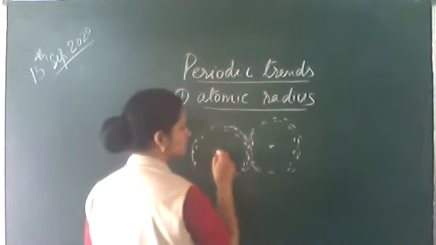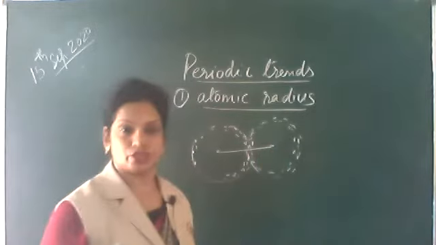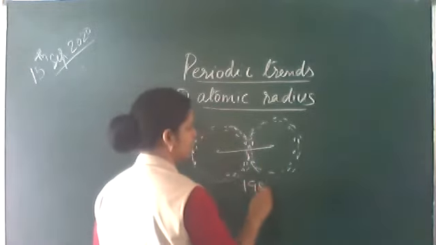So what you have to measure? The internuclear distance. That is 198 picometer.